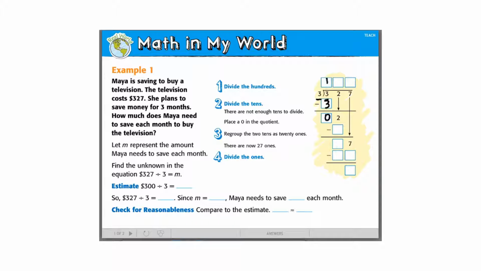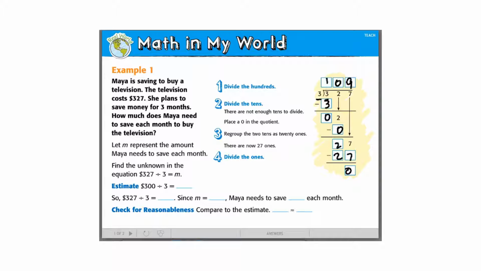So we're taking those 10s and we're going to turn them into some 1s. 27, like we did in our notes. Make sure you have the 0 up here in your answer. Now we have 3 into 27, which would go 9 times. 9 times 3 is 27 with 0 remainder.